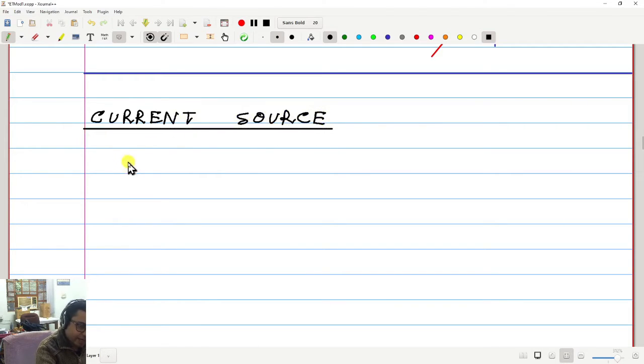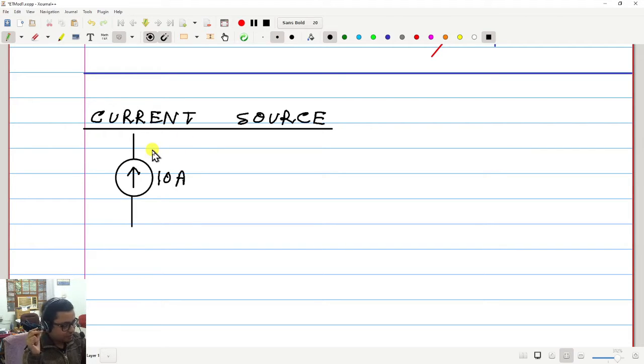The symbol of a current source is like this, a circle with an arrow. And then I can say that this is a 10 ampere source. What is the property of this current source, or how does it work? It provides constant current. Exactly, it provides constant current.